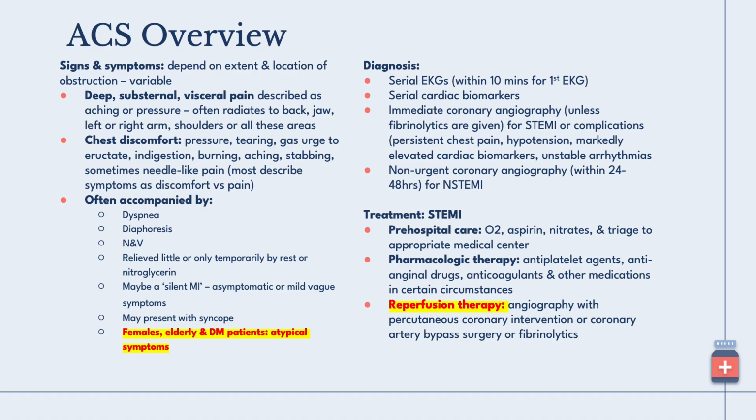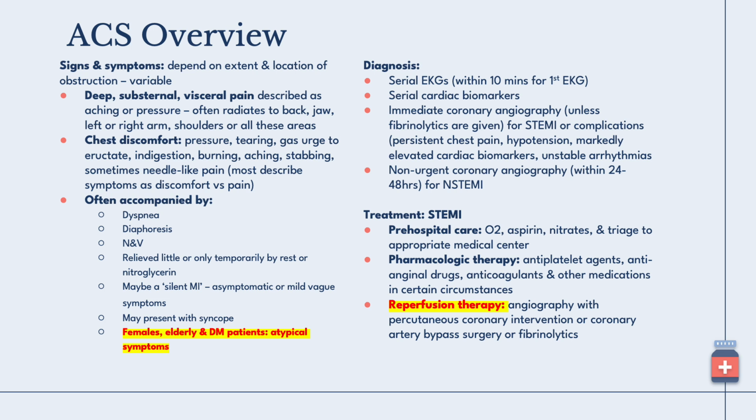Some patients have silent MIs, meaning they have no idea that they've had an MI, and you may find after the fact pathological Q waves, and you ask them, oh, when did you have an MI? And they had no idea. But also think about the females, elderly, and diabetic patients presenting with atypical symptoms.